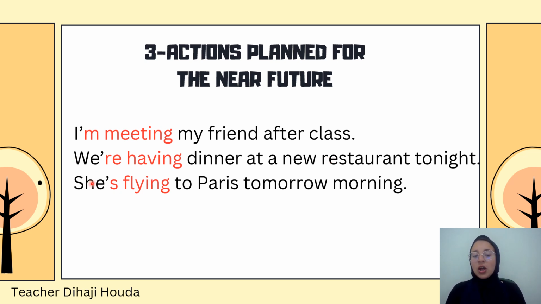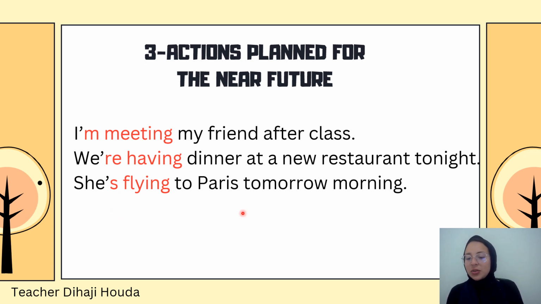Number two, we have we're having dinner at a new restaurant tonight. For example, this is the evening, right? It's 6 p.m. and we're gonna have dinner at, for example, 8 p.m. So it's not a very long period of time. Because it's in the near future where this action is gonna take place, I'm going to use the present continuous. And the last example here is she's flying to Paris tomorrow morning.